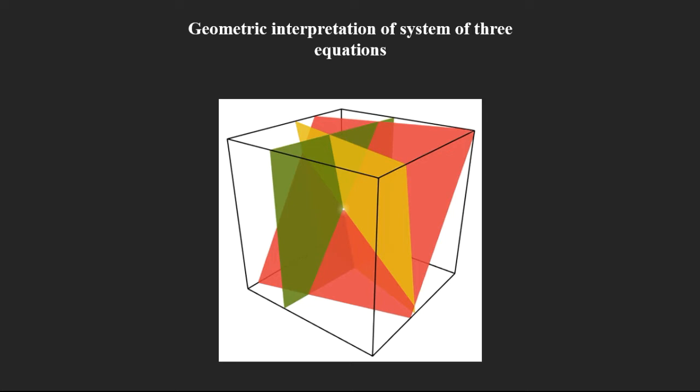If all three planes cross each other at one point, then the system will have a unique solution. If all the planes are parallel to each other, then the system will have no solution. And if all the planes coincide, then the system will have infinitely many solutions.